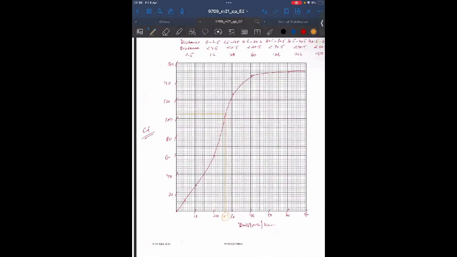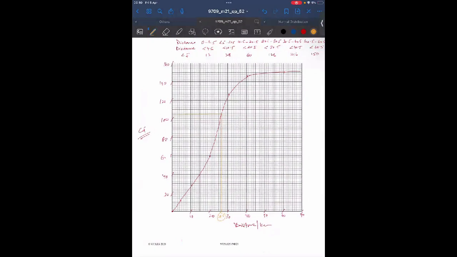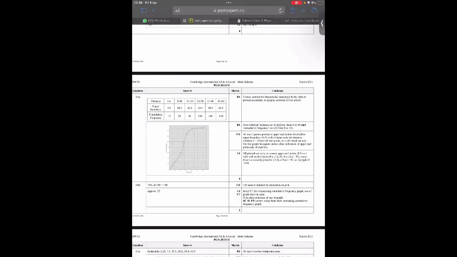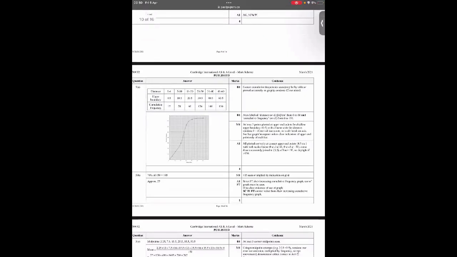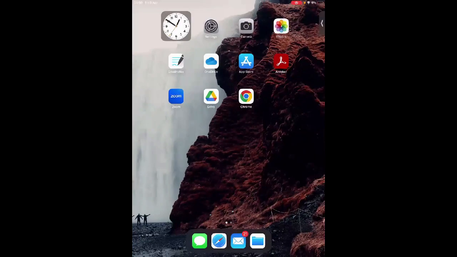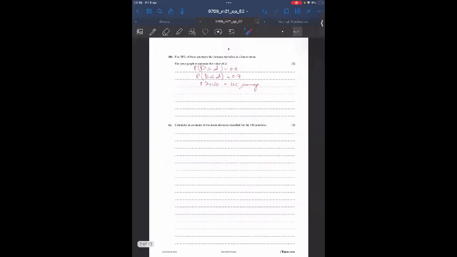Sir, I'm getting 27, is it okay? Yeah, fine, because you can see that my graph is not pretty smooth, but yeah, it's fine. There must be some range given in the marking scheme. So approximately 27. So the value of d is approximately 27 kilometers. You may just write down 26.5 or 27, whatever.